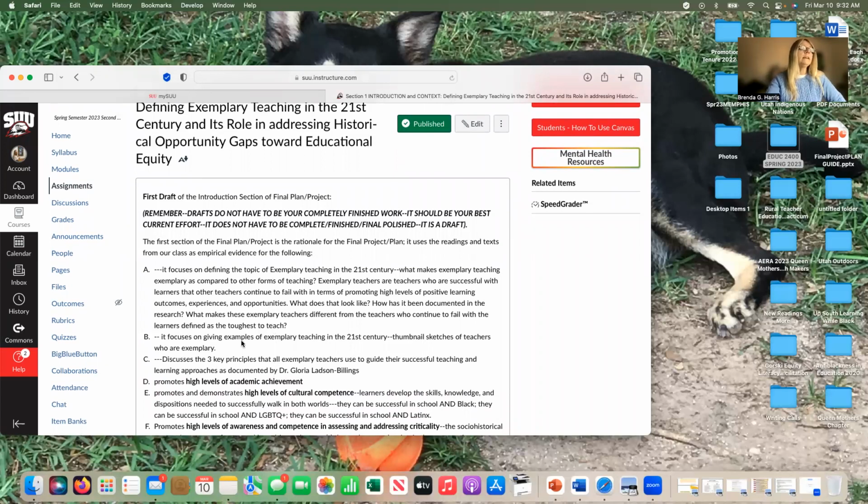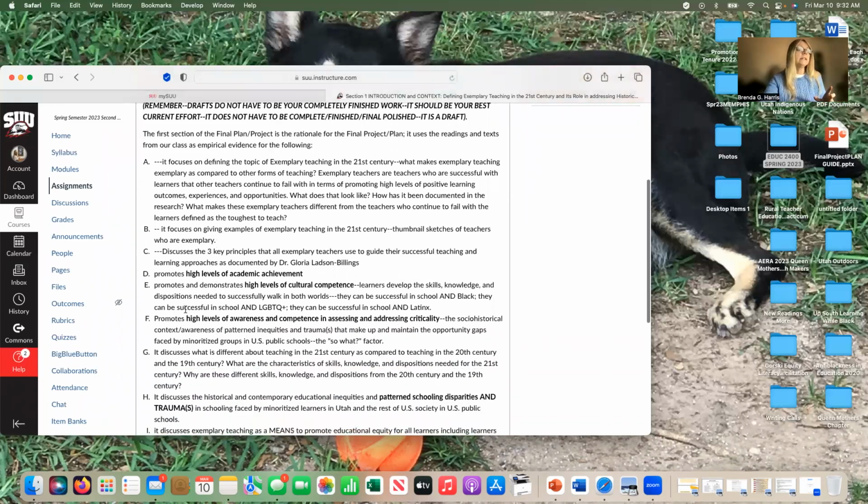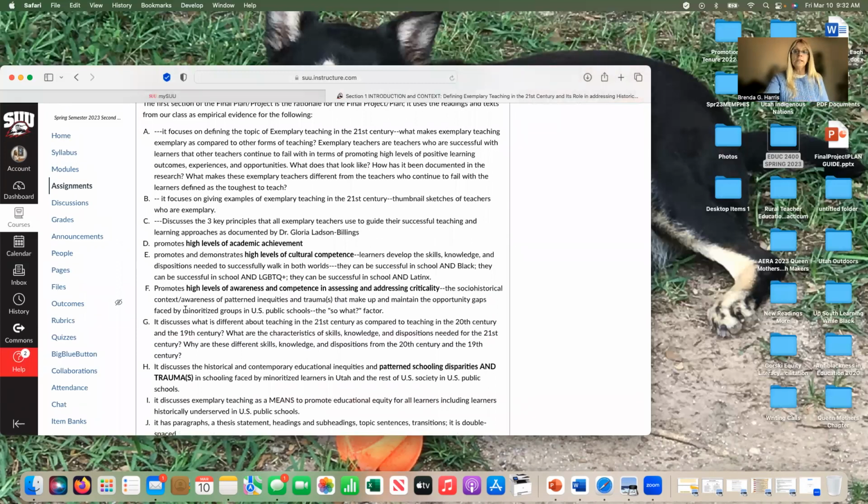Okay, B, it gives examples of exemplary teaching in the 21st century, thumbnail sketches of teachers who are exemplary. Now, I provide a thumbnail sketch in one of the modules where I give examples of them. Now, one thing to think about as you look at this A, B, C, D, this is not a checklist.